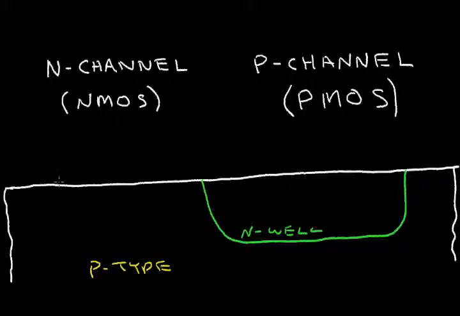So let's create the NMOS transistor. I'm going to put in an N-type diffusion, another N-type diffusion, and construct a gate electrode.